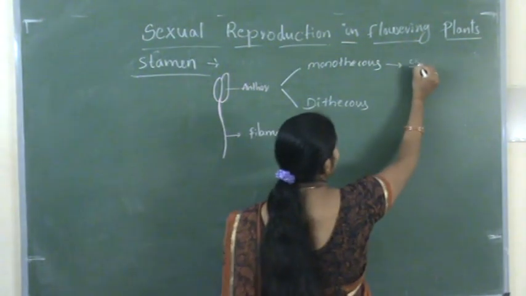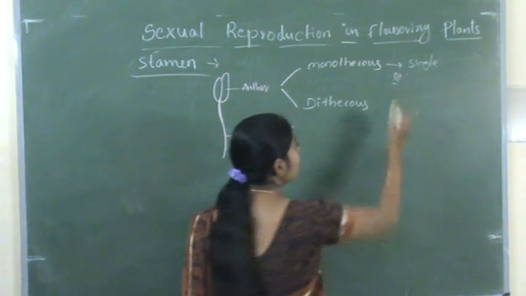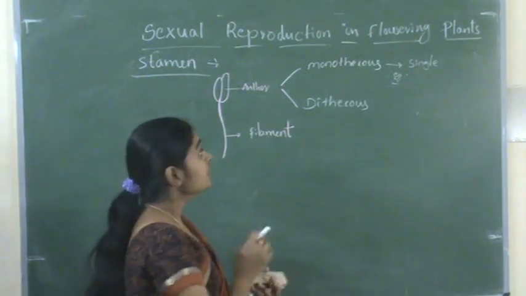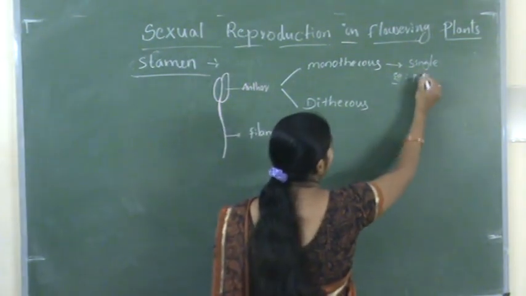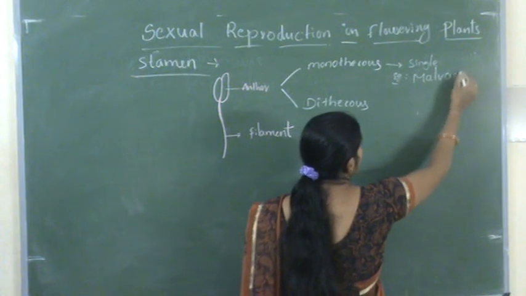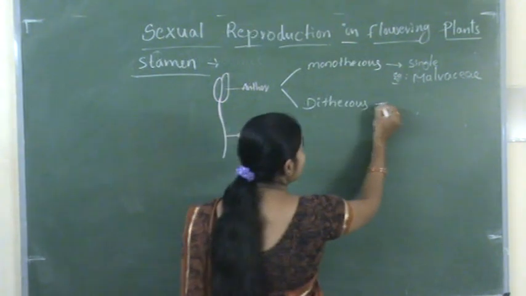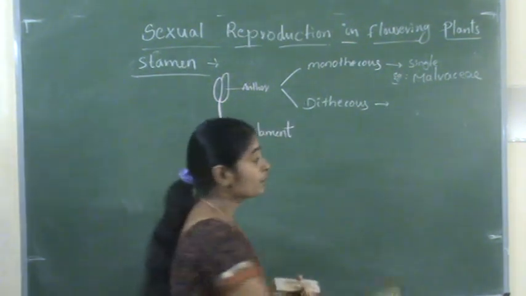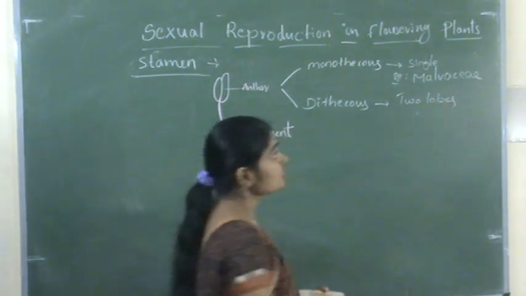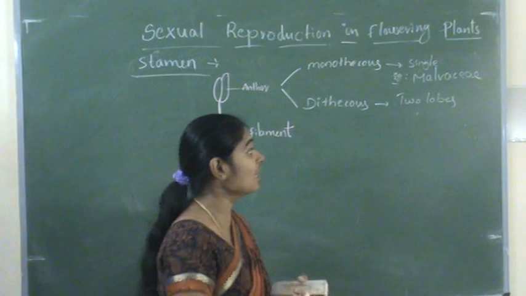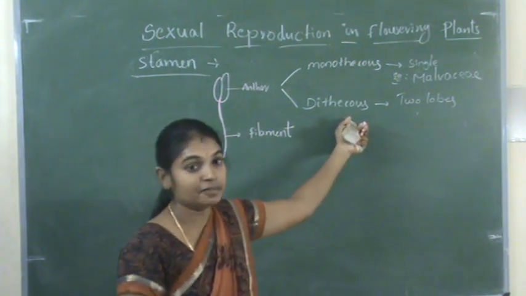An example is the Malvaceae family, where this monothecous anther is a characteristic feature. Dithecous anthers have two lobes. In almost all the angiosperms except Malvaceae, the anthers are dithecous.